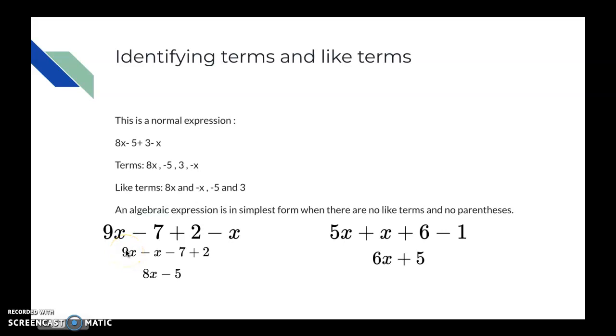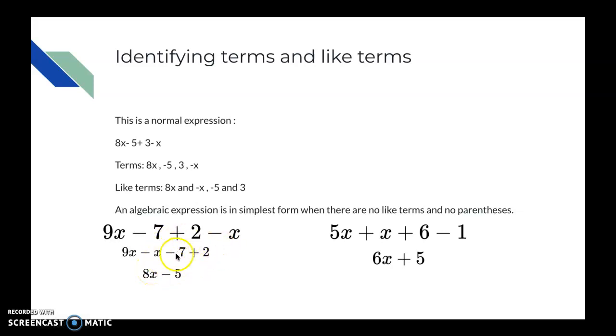So how do you solve this? 9x minus 1x is 8x. Forget about the variables when you're subtracting. You will only need to subtract the variables in further chapters, not in this basic chapter. So 9x minus 1x is 8x. We're just focusing on the 9 and 1.